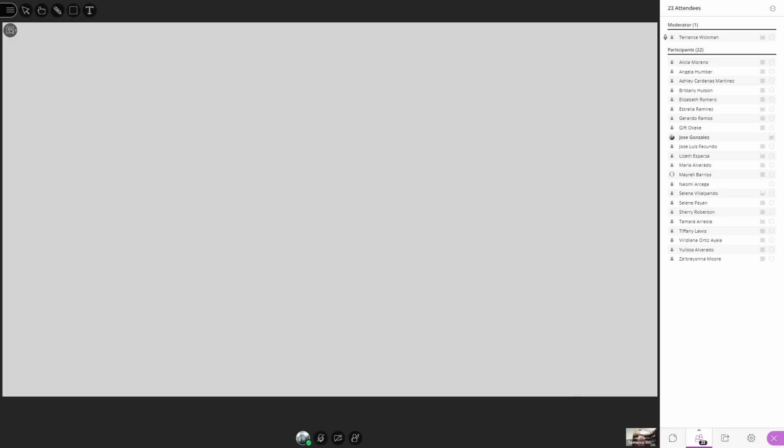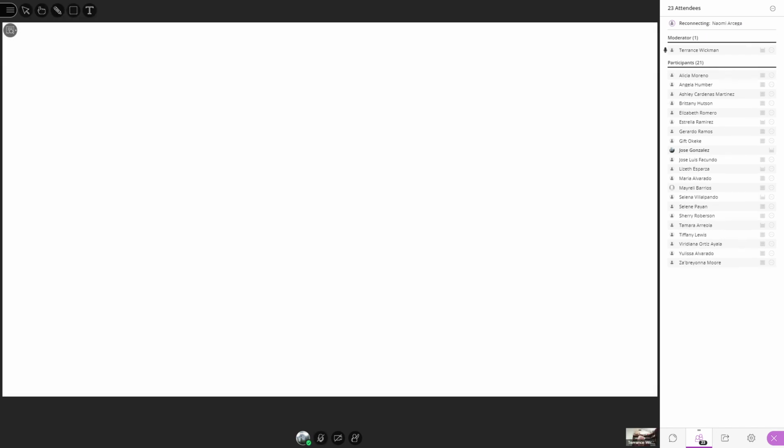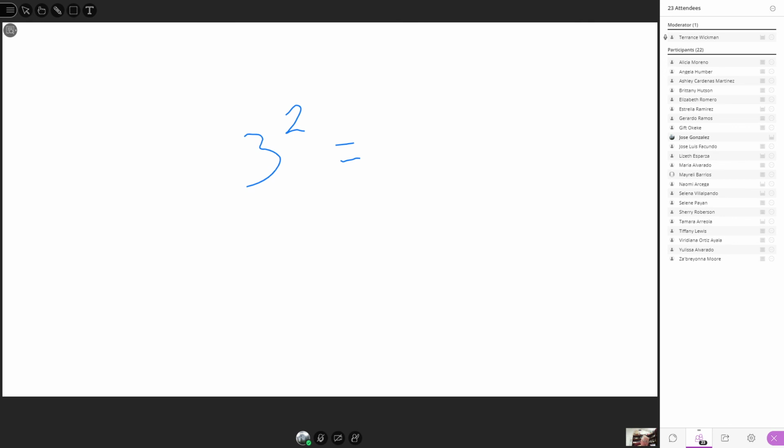So I give them this problem on the exam. I say, what is the answer to this? And they give me this answer. What are your thoughts? It's a 9. Yeah, this is not right.